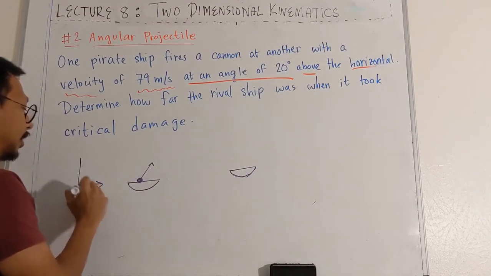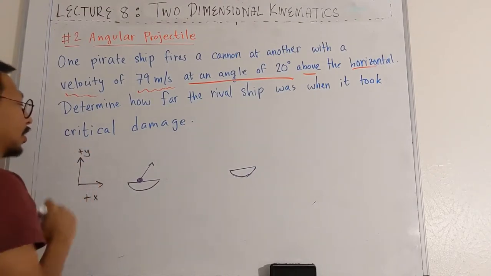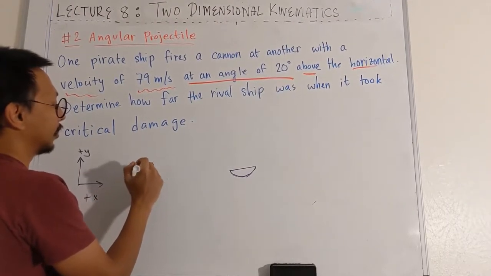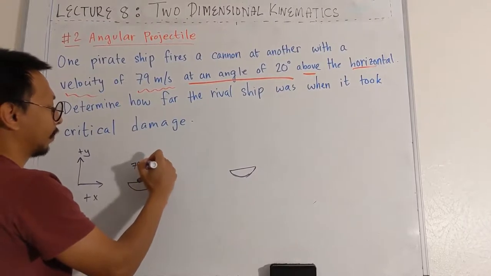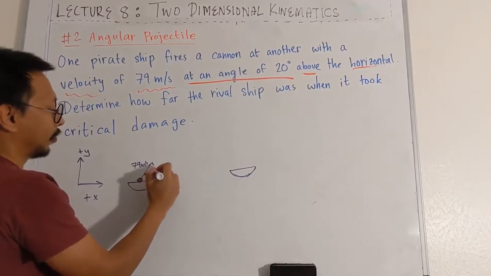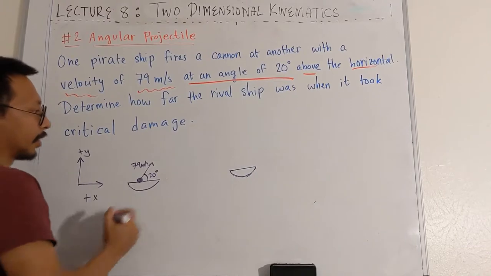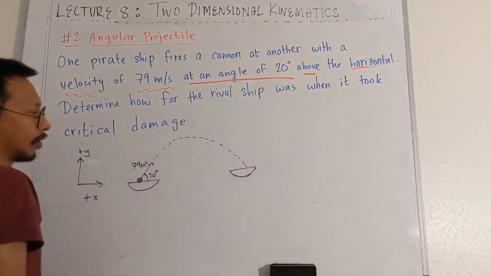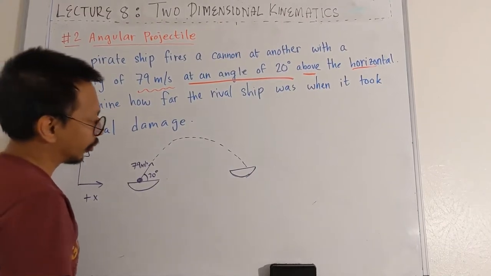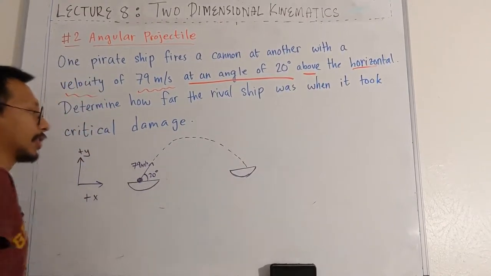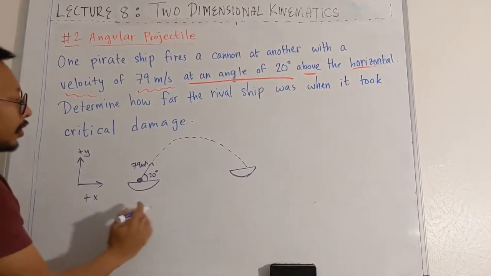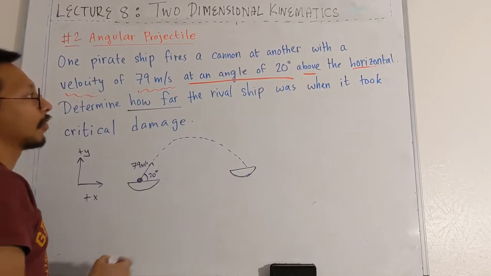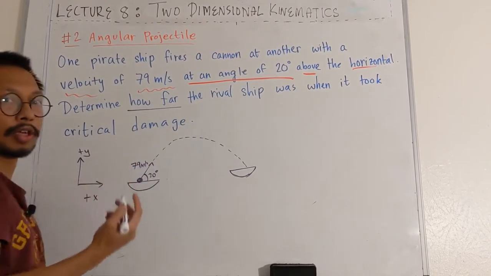I'm choosing plus x this way, plus y that way, and this is 79 meters per second at an angle of 20 degrees with the horizontal. The other ship, we are assuming, took critical damage in this scenario. This is what is given to us, and we want to find how far the rival ship was when it took critical damage.